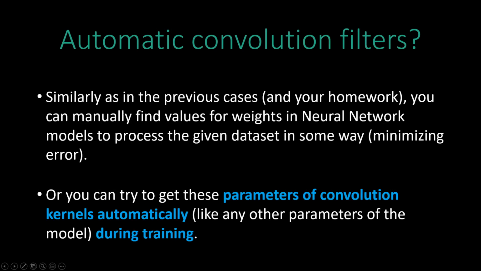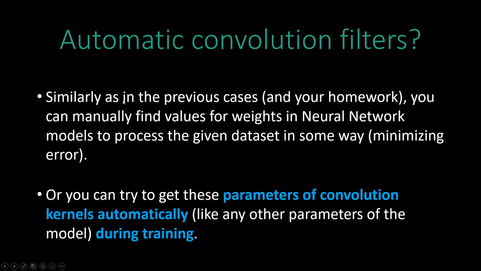Okay, so the question is, can we do this somehow automatically? Because similarly to previous cases, where in your homework you had to manually find the weight values for the inputs, sit down, do the math, and calculate which weights would separate the data that's coming in into the classes that you want.